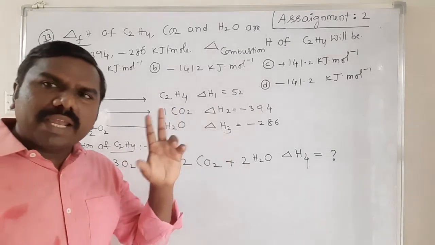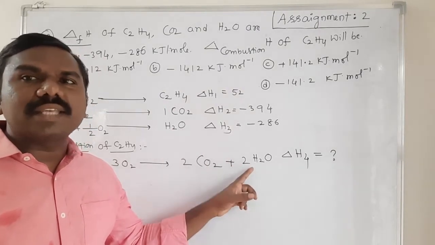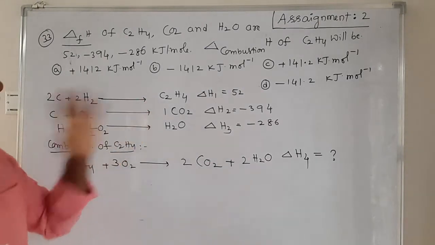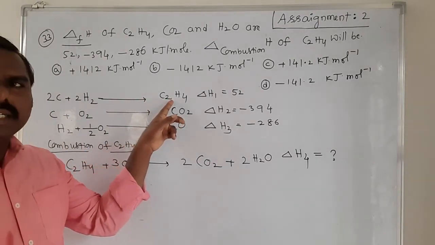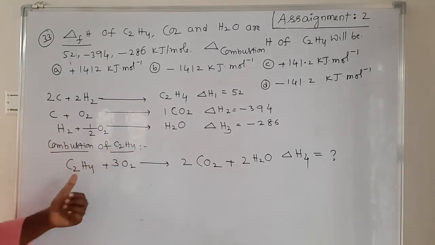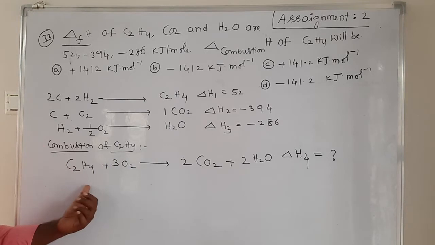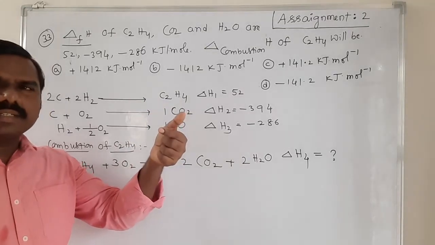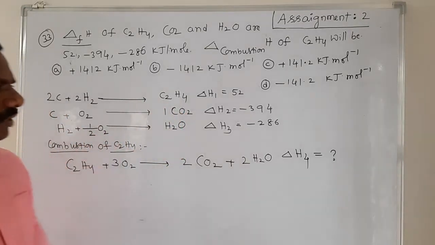Equation 3 remains the same, but multiplied by 2 to get this expression. Right? Next, equation 1. Here it is on the product side, but in this equation C2H4 is on the reactant side. We want this expression, the enthalpy of combustion. That's why equation 1 must be reversed.